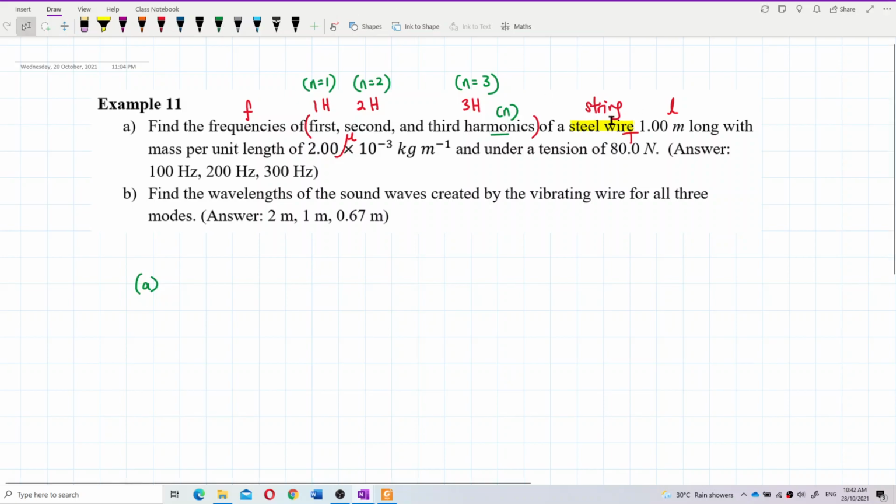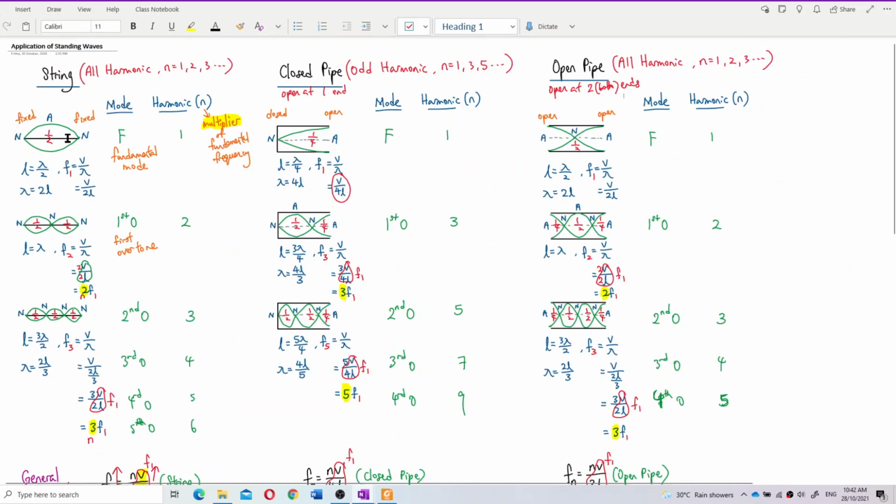Always remember, what is the fundamental mode of string? For string, it always starts with this fundamental mode. So for this type of question, you just have to remember the shape of the fundamental mode for string, closed pipe, and open pipe.